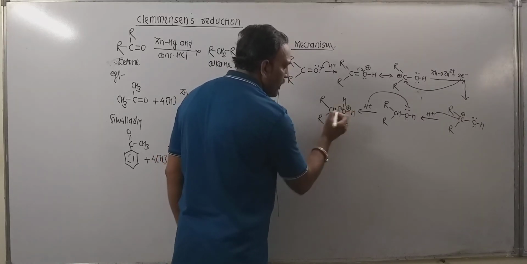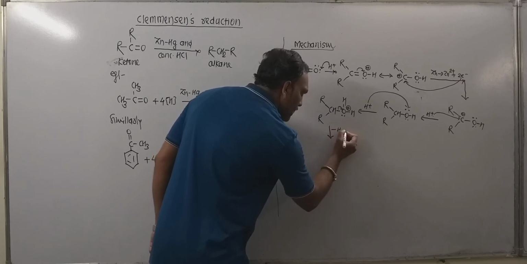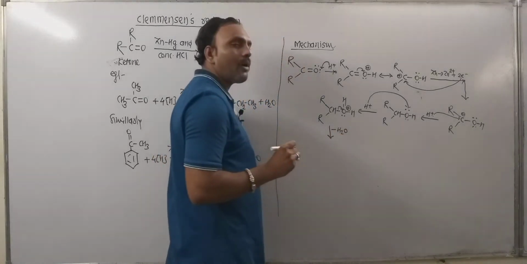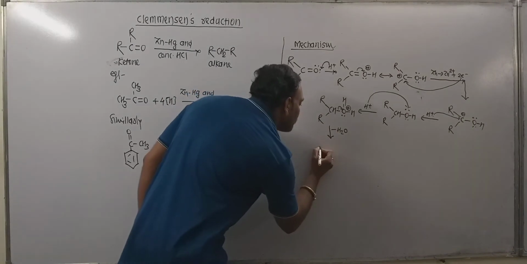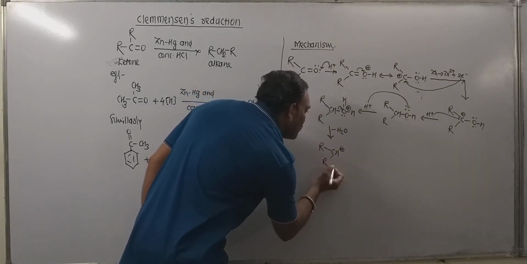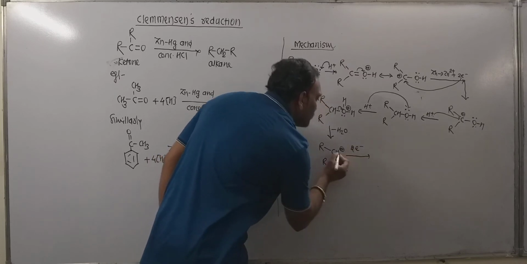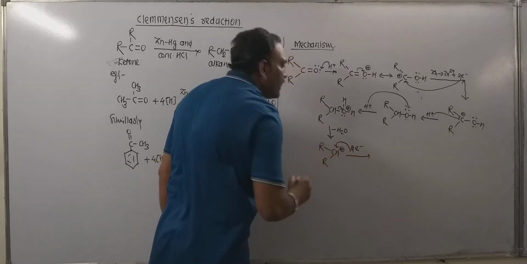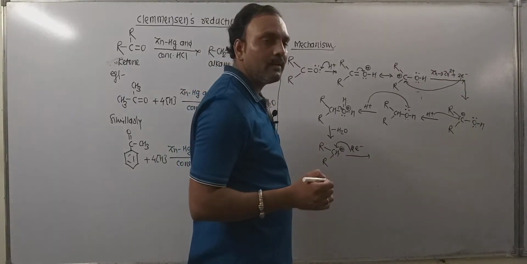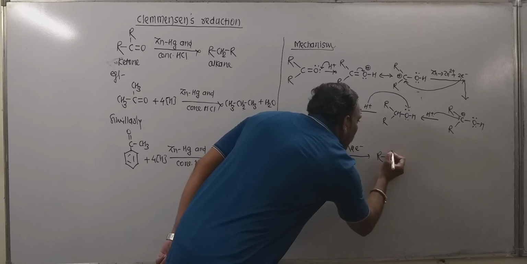Oxygen with this pair of electrons undergoes departure, I mean loss of water takes place, due to which this carbon now carries a positive charge. Another big thing is, here again this carbon prefers to receive electrons from the metal zinc, and that leads to the formation of an intermediate species.